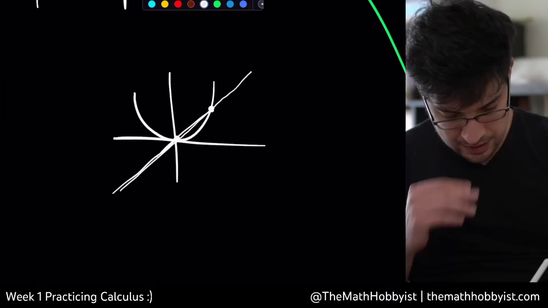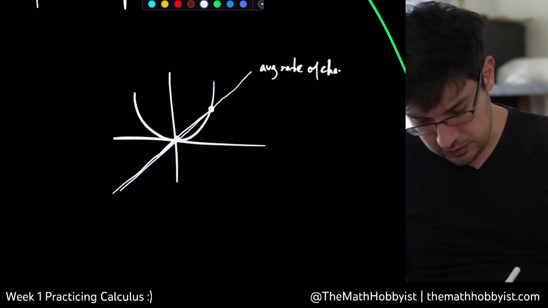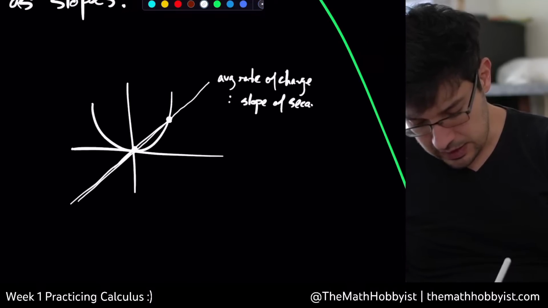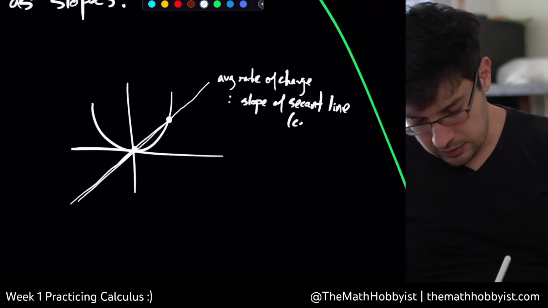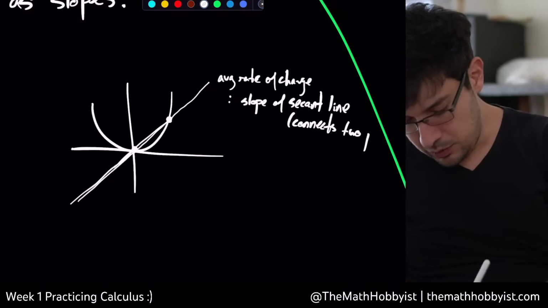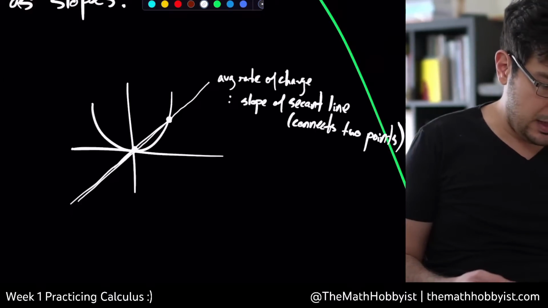I think the average rate of change can be thought of as the slope of what we call the secant line that connects 2 points. If I remember correctly, I think that that's what we're looking at.